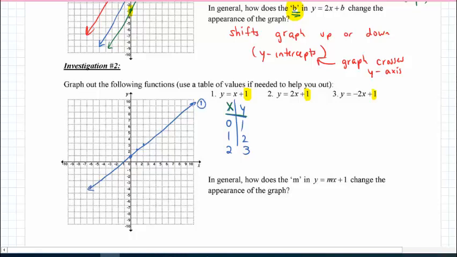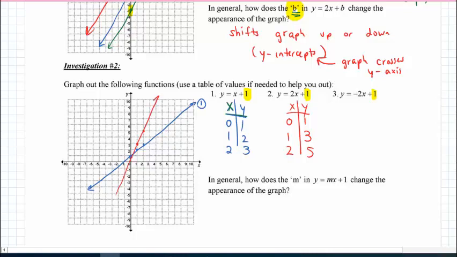Number 1. Do the same thing for number 2 and 3. You don't need to wait for me. I know you know the drill by now, so go ahead and try it yourself. (0, 1), (1, 3), (2, 5).